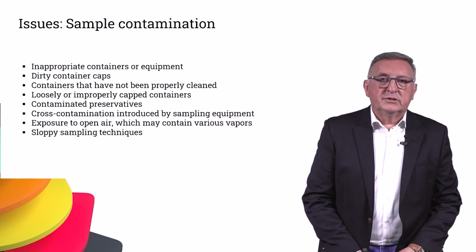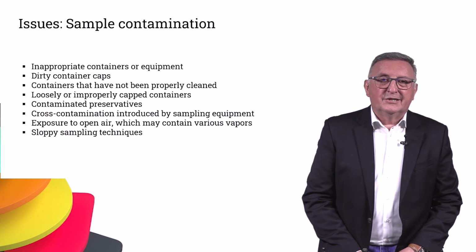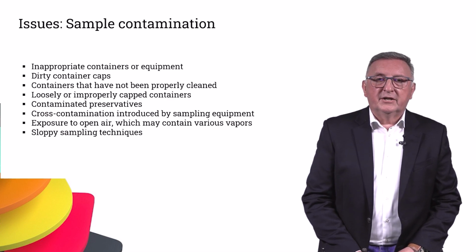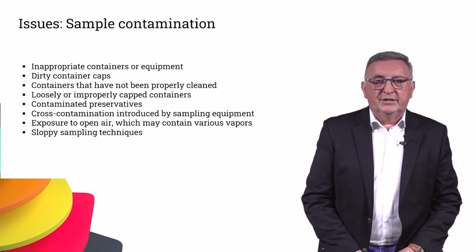There are several issues with sampling, and I will just mention some. Sample contamination is one of the most important issues. It is related to inappropriate containers or equipment, dirty container caps, containers that have not been properly cleaned, loosely or improperly capped containers, contaminated preservatives, cross-contamination introduced by sampling equipment, exposure to open air which may contain various vapors, and sloppy sampling techniques.